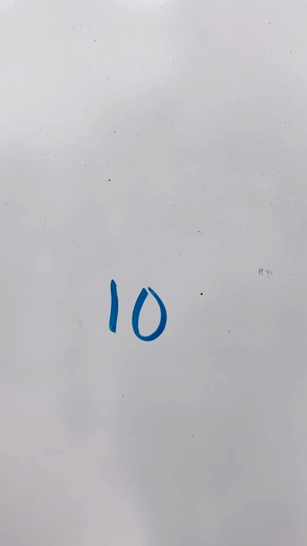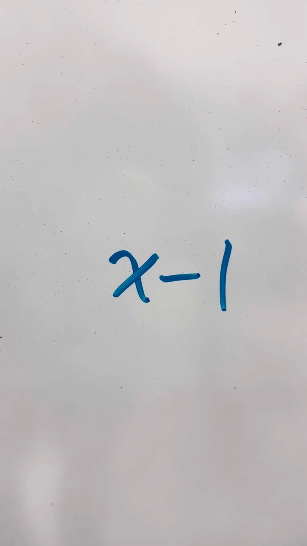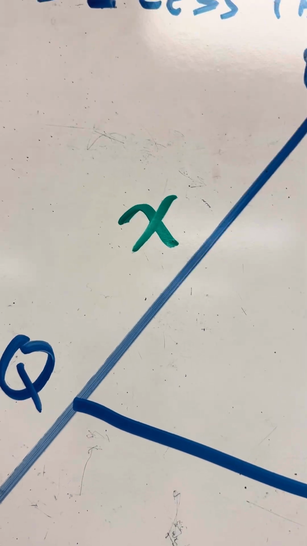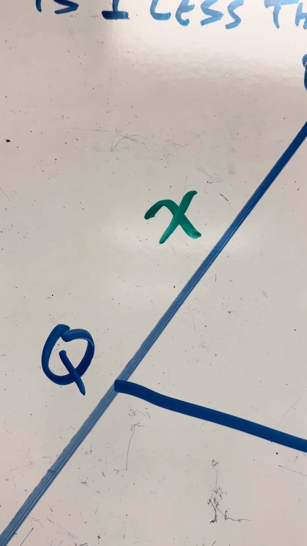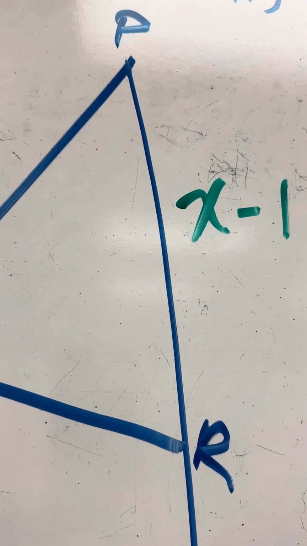Didn't I take 10 and do 10 minus 1 to get 9? If that's the case, what's 1 less than X? Wouldn't that be X minus 1? It sure would be. So if QP is X, PR would be X minus 1.